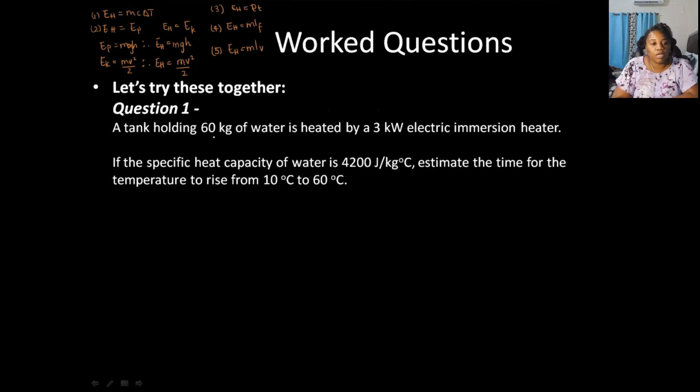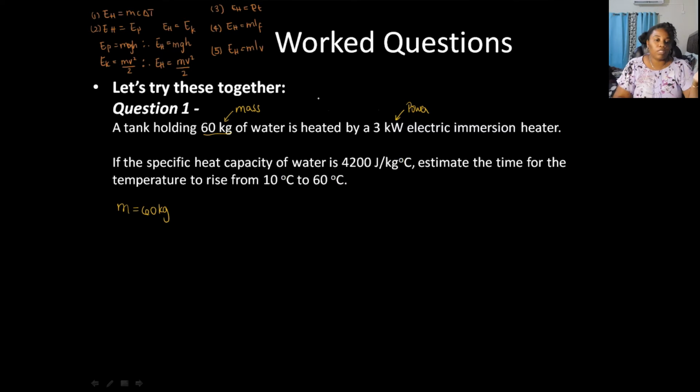Now let's try this. We have a mass of 60 kilograms, and I know this is mass because the SI unit for mass is kilograms. And we have the power. We know this is power because we see watts right here. Remember we learned in chapter 1, just calling a number would never give you what quantity is being measured.